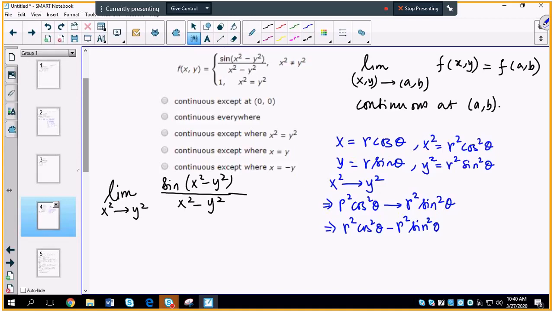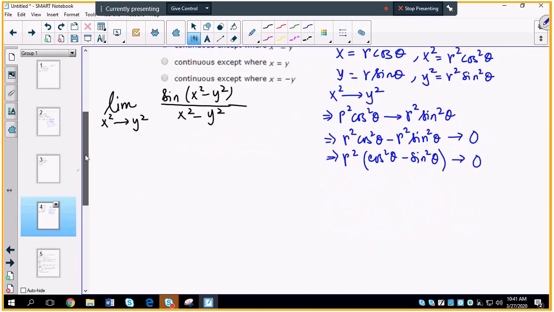If I subtract r squared sine squared theta from both sides, I will get that to approach 0. Which means r squared times cosine squared theta minus sine squared theta will approach 0. Let's see where we're going to use this information.